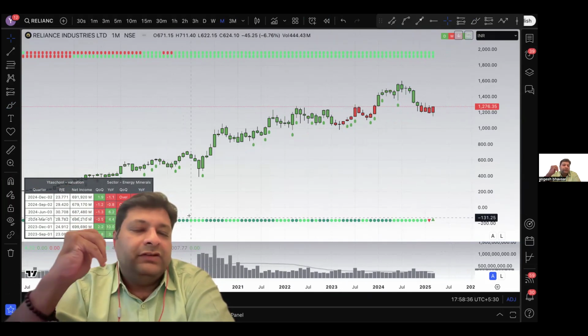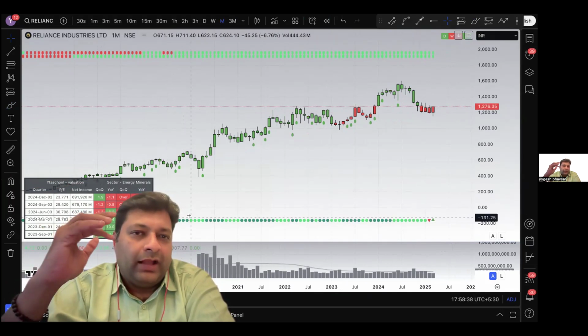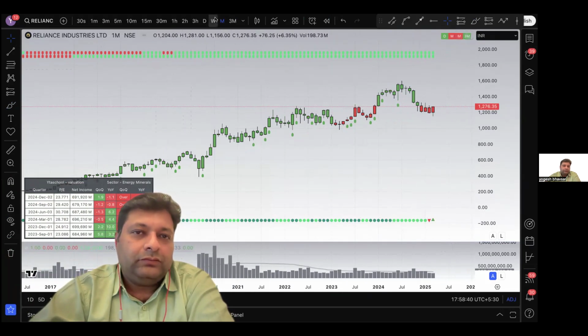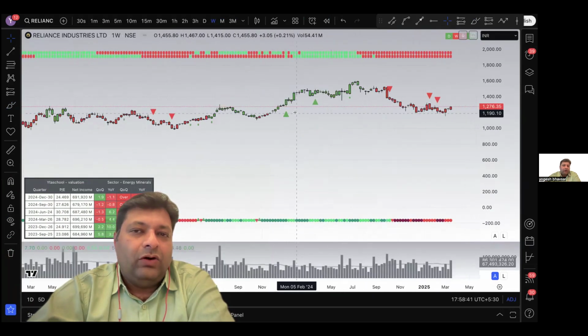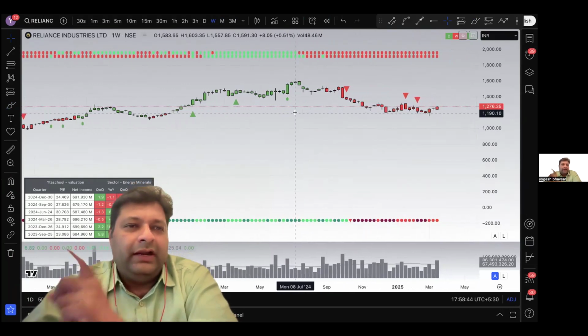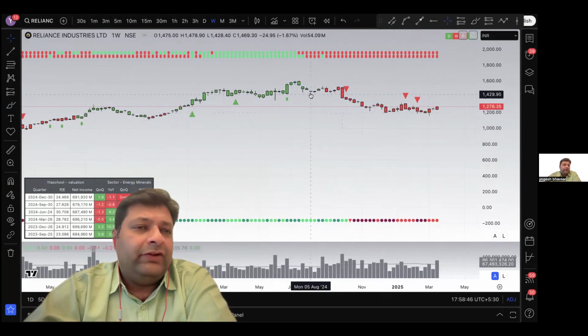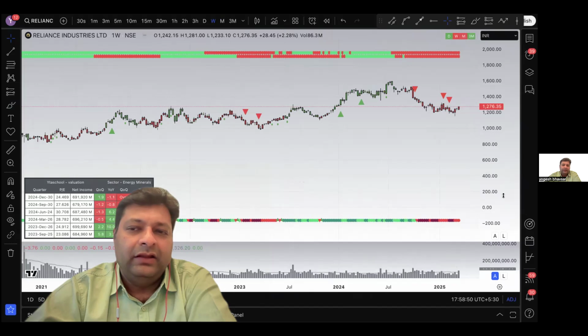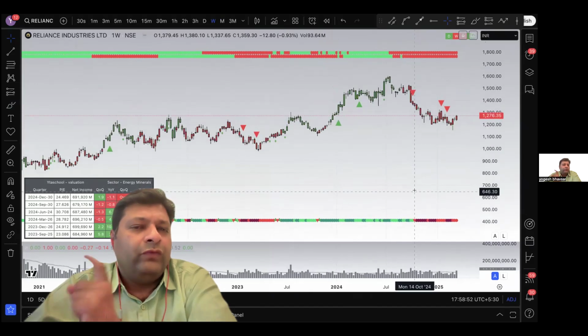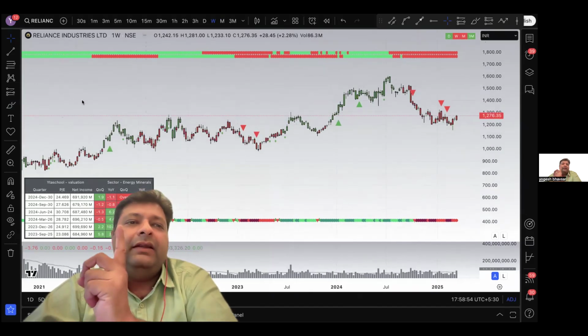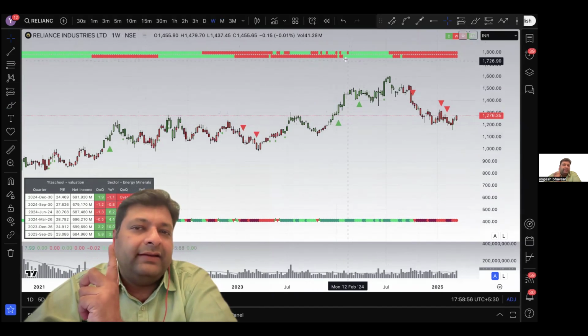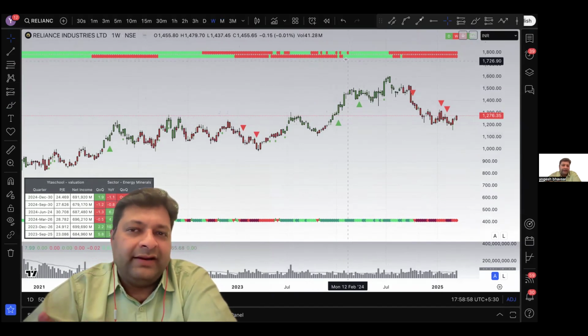with the help of these red and green dots. At least on the weekly time frame, at least one, whenever you're taking a trade, maybe on a higher time frame, say 3 monthly, but on the weekly time frame, at least one trend signal has to be green. That is relative strength.